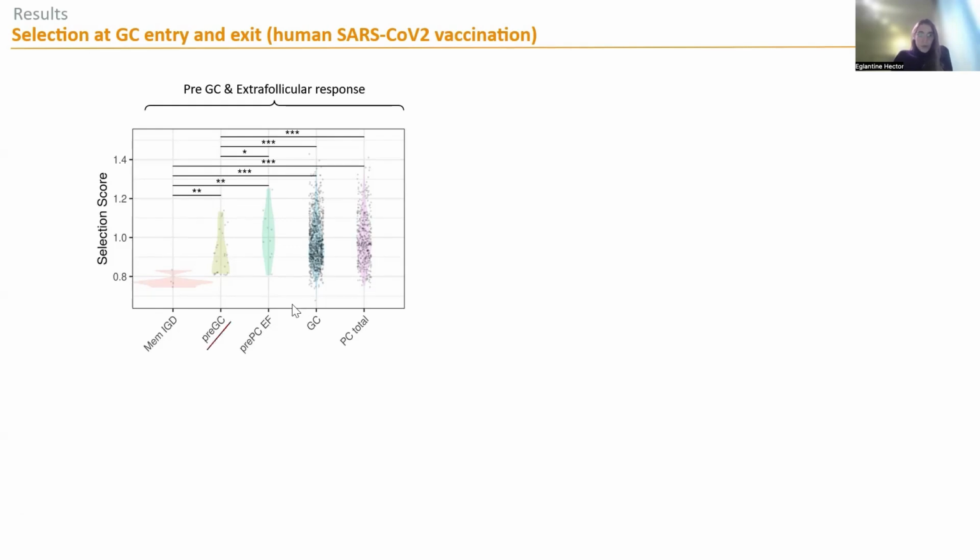And we see that there is some permissiveness in the first mutations that are accumulated upon germinal center entry. And we see that this selection imprint appears when B cells have a fully fledged germinal center phenotype. Another interesting result was that mutations were accumulated during the extrafollicular response, and they seem to be subject to selection.